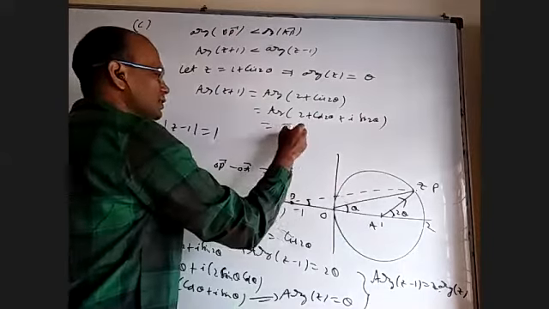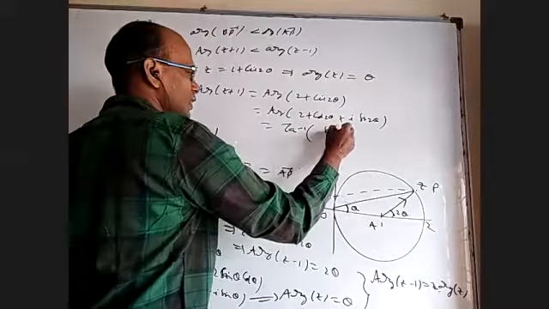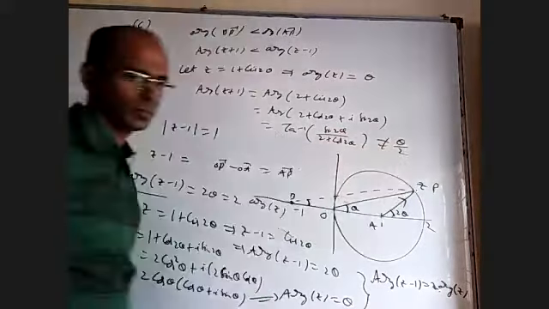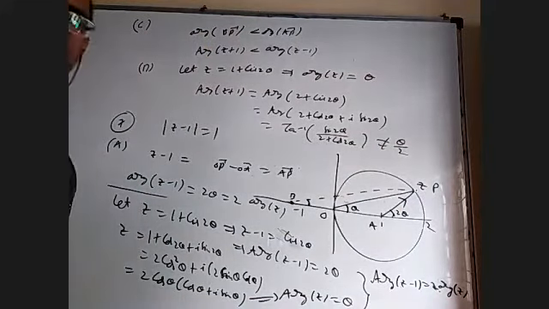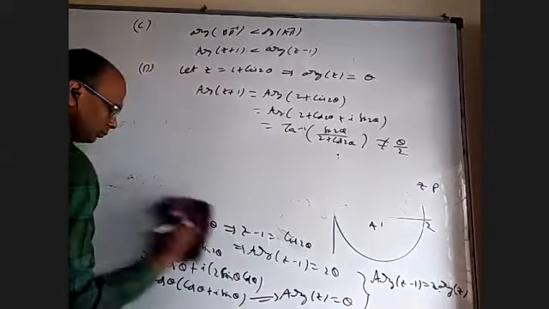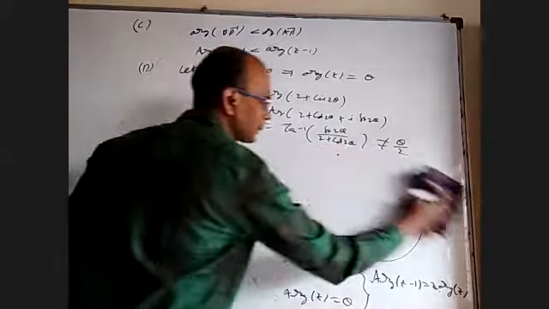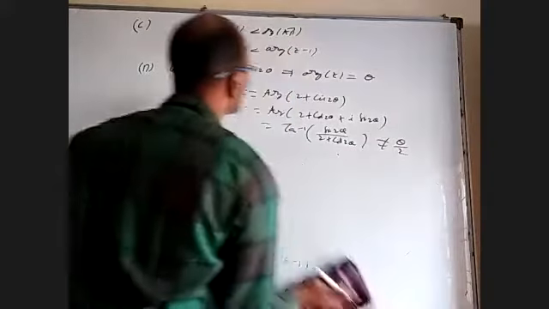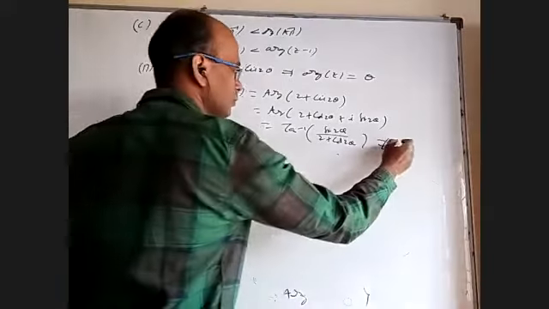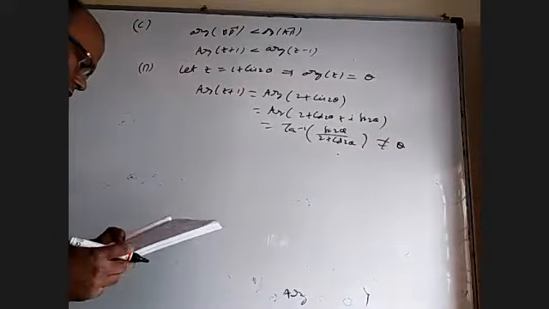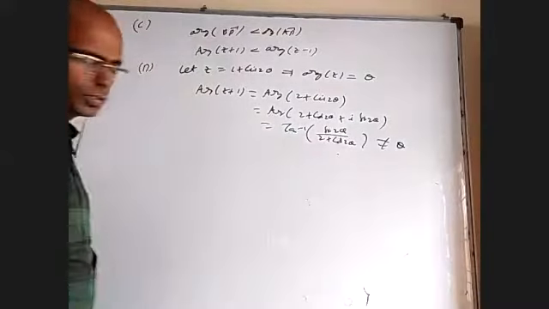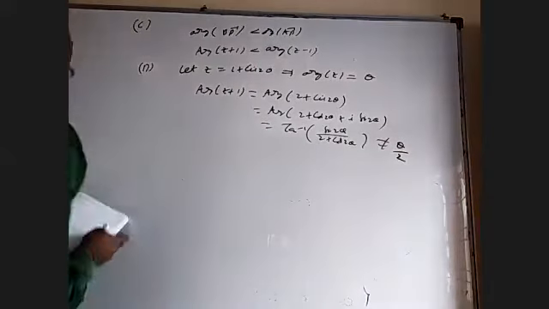Its argument is tan inverse of this by this, sin 2 theta by 2 plus cos 2 theta, which is not equal to theta by 2. At least not always, maybe for a particular theta. Or not even equal to theta also. Argument of Z is theta. That's not equal to theta by 2.